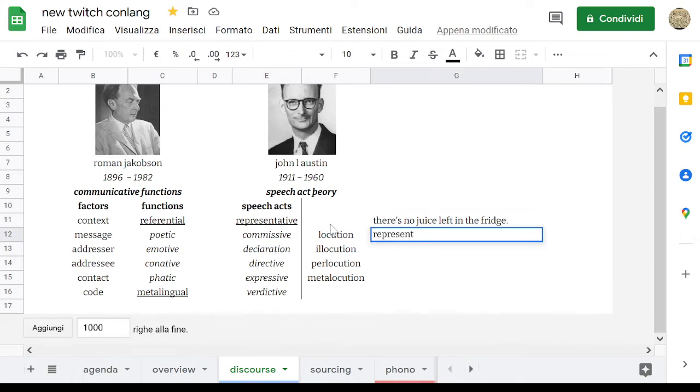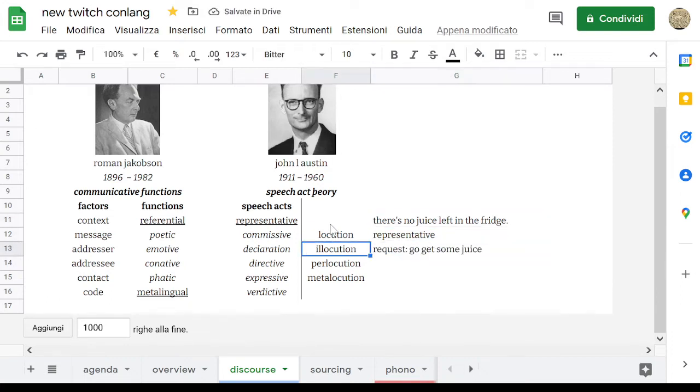It sounds like you're just stating a fact that there's no juice left. But a lot of the time in English, the illocution could be a request, or even a command, like, go get some juice, is what this could mean. And that's a very big leap from there's no juice left in the fridge to go get some juice, which is the effect the speaker wants this statement to have.